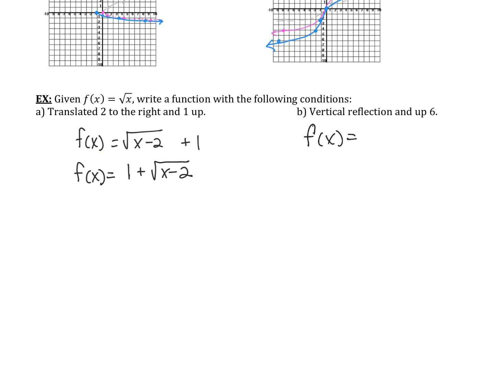Really? That's just up and down, negative. Yeah, vertical reflection. All right, what does this one look like? Actually, that's pretty good. Is the plus 6 inside or outside? Outside.